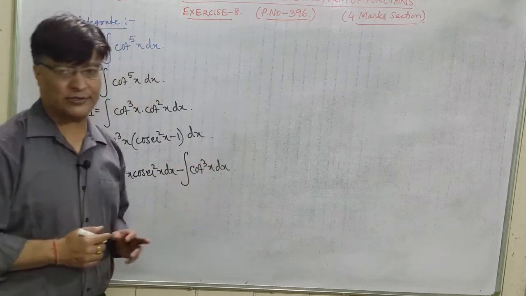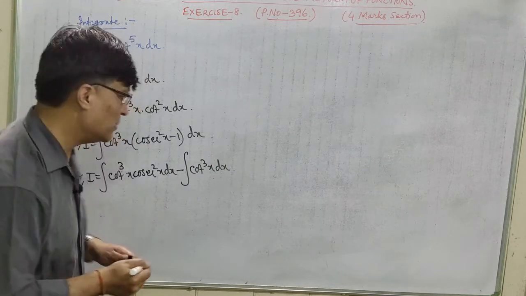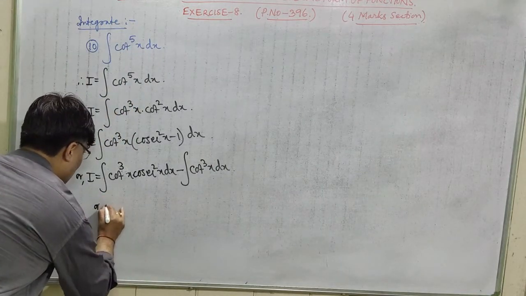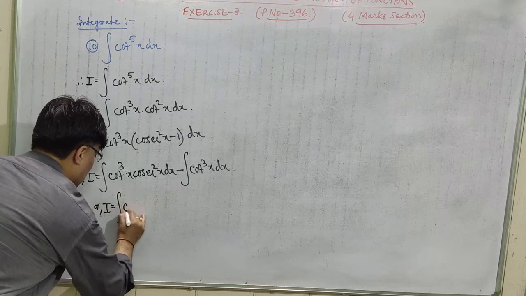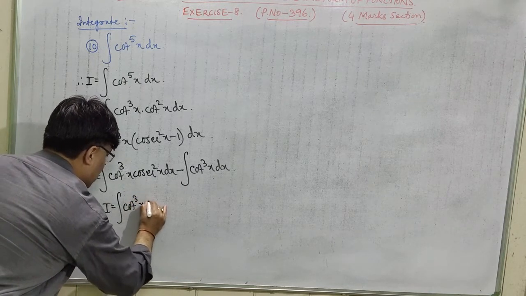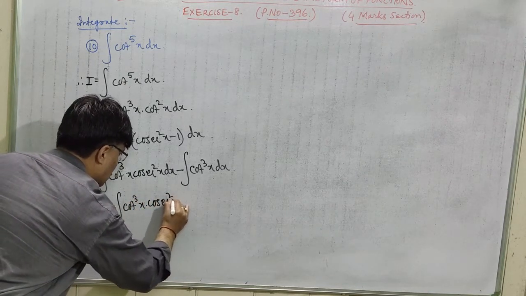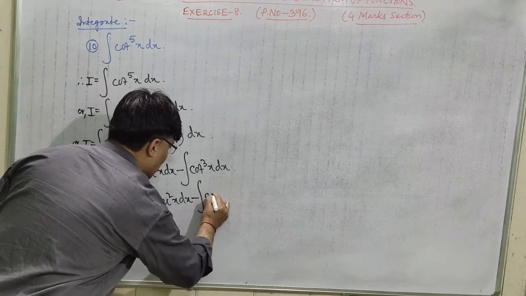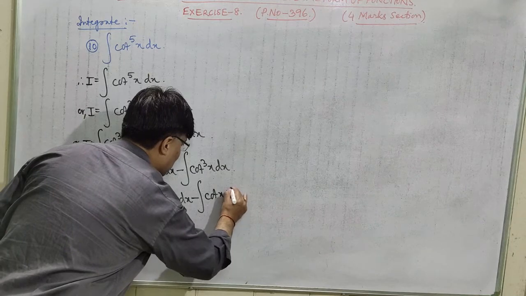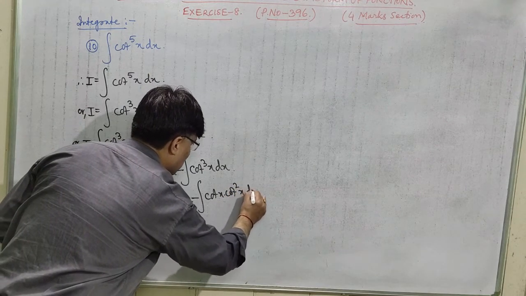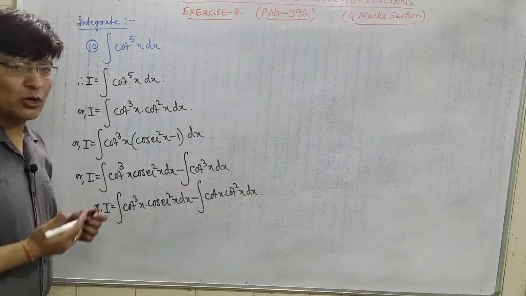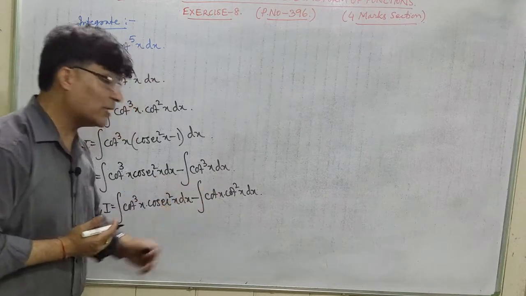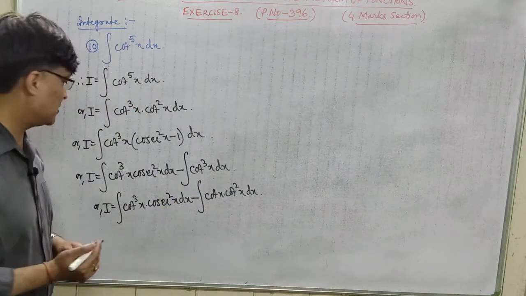Next, cot cube x. Again you can separate the term here. I is equal to integration of cot cube x cosec square x dx minus integration of cot x into cot square x dx. So cot cube x is separated as cot x into cot square x dx.